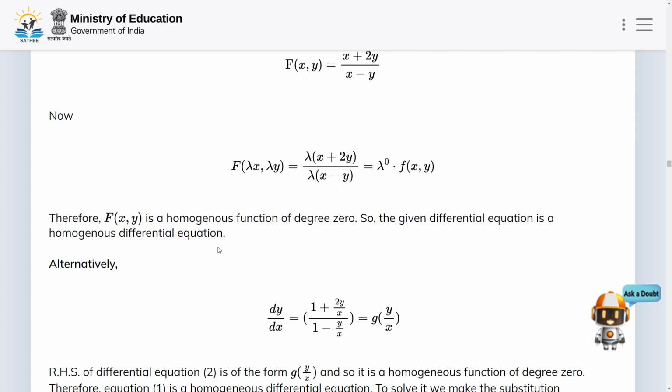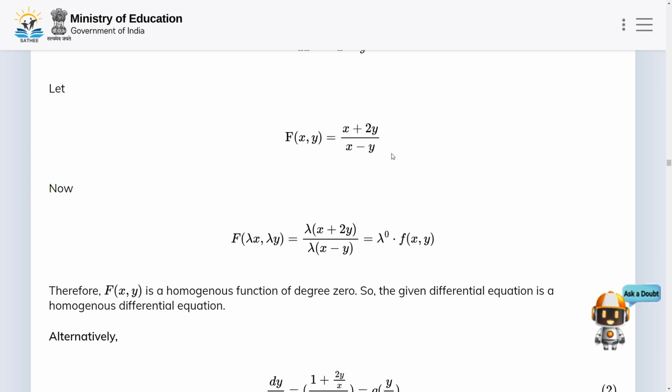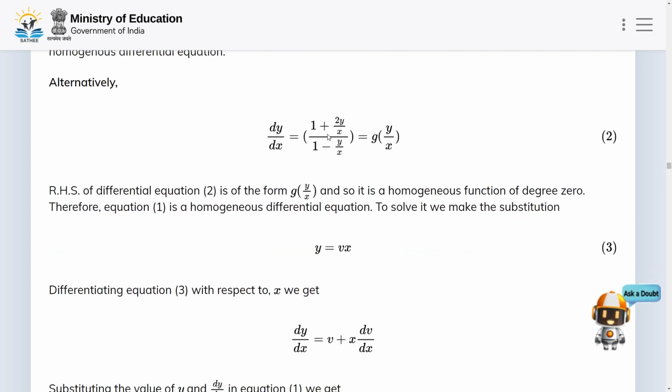Now the alternative approach is to substitute x by lambda x and y by lambda y to show it is a homogeneous differential equation. The alternate way is to show that this right hand side expression can be rewritten as a function in terms of y divided by x form.